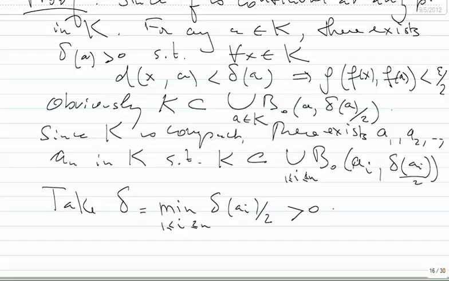Now, let x, y in K such that the distance from x to y is less than delta.